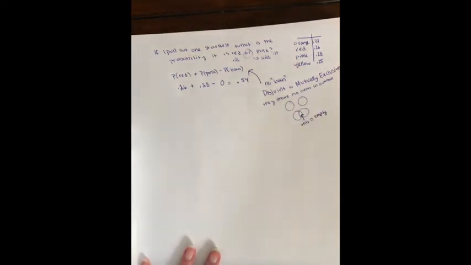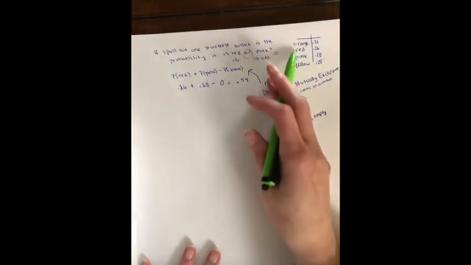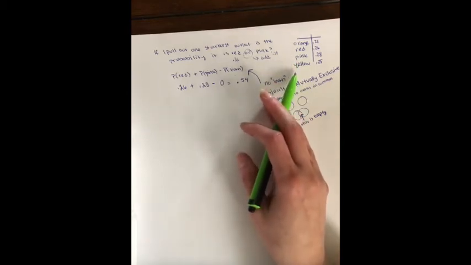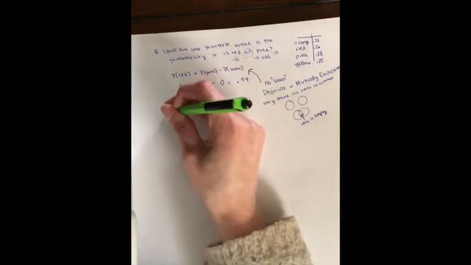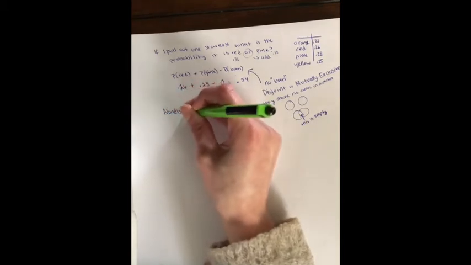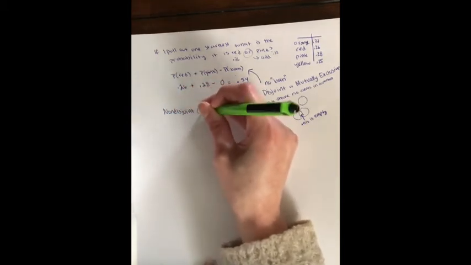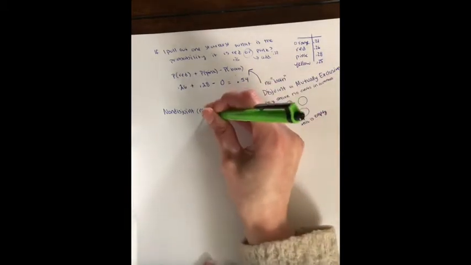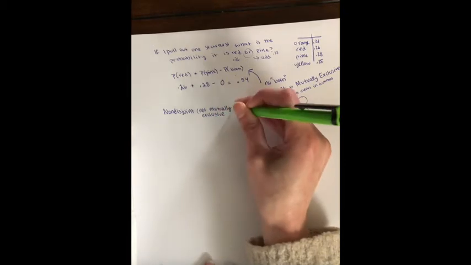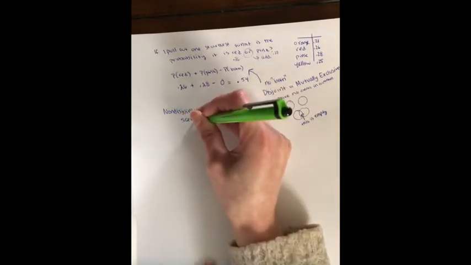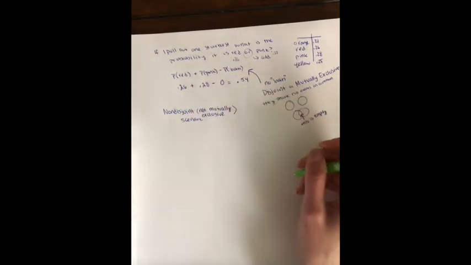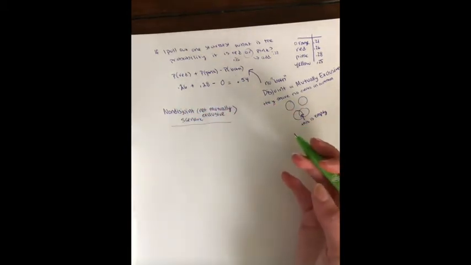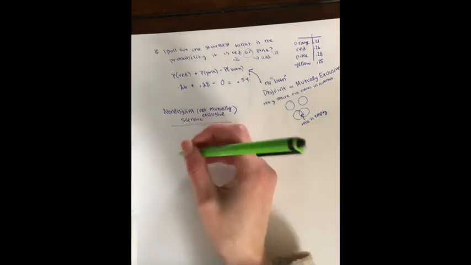So let's consider another scenario, because starbursts are disjoint events, starburst colors. So let's think of a scenario where it is a non-disjoint, not mutually exclusive scenario. Let's just stick to the candy theme, and let's think about Hershey's Kisses, or like the little chocolates.